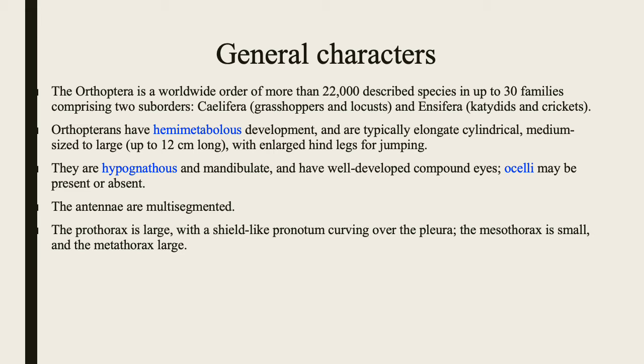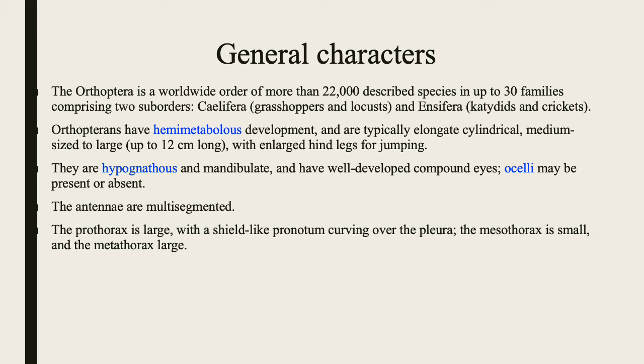This is known as hypognathous condition of mouth parts. Ocelli are the simple eyes. Normally insects have compound eyes which are meant for seeing, but simple eyes are also present which can detect light or diffuse light.